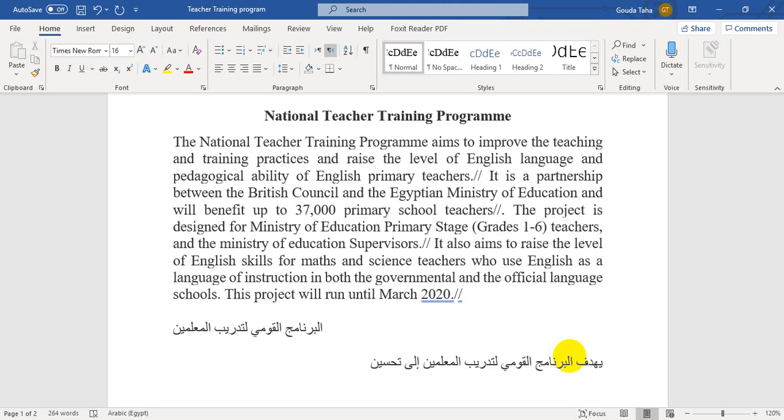Remember, this is my draft again because we are going to work on this by using the translational competence. إلى تحسين ممارسات التدريس والتدريب ورفع مستوى اللغة الإنجليزية والقدرة التربوية لمعلمي المدارس المرحلة الابتدائية.